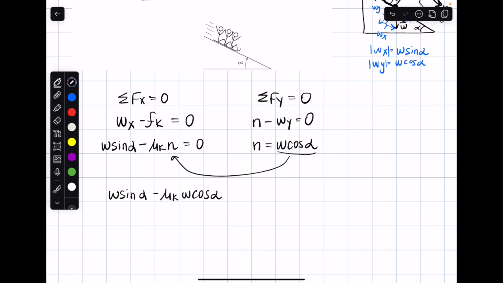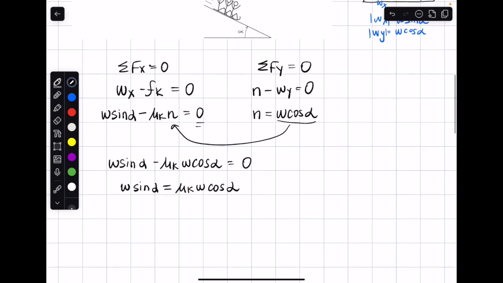Okay, and that's equal to 0, right? We're still preserving the right-hand side of Newton's first law. And then we want to solve for alpha, so we can go ahead and move this over. We will divide now. Let's divide by cosine. I like tangent better, so I like my sine to be in the numerator, so I don't have to deal with cotangent.